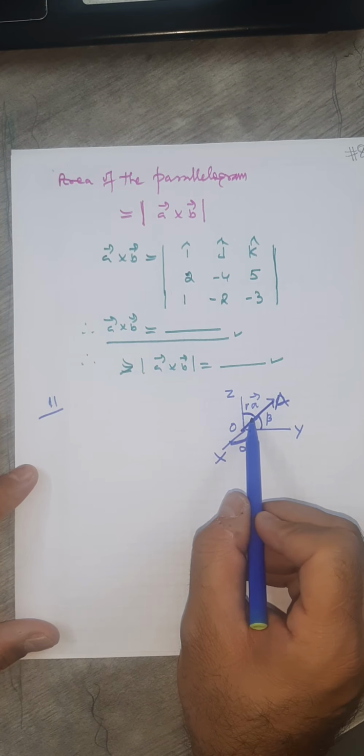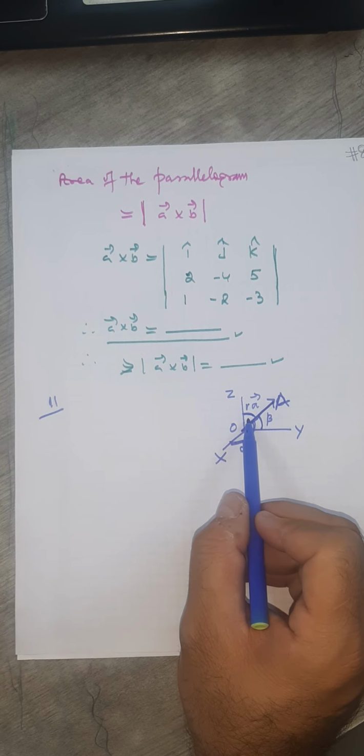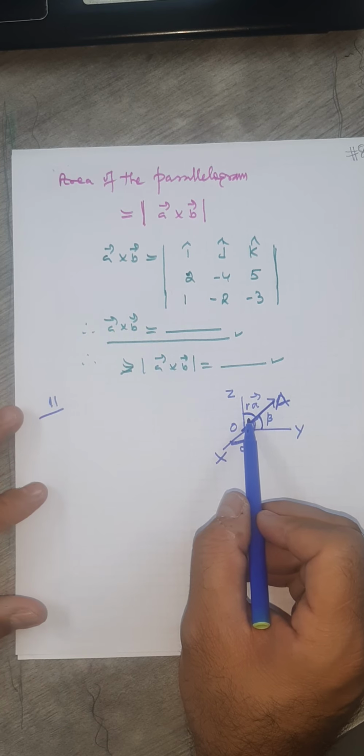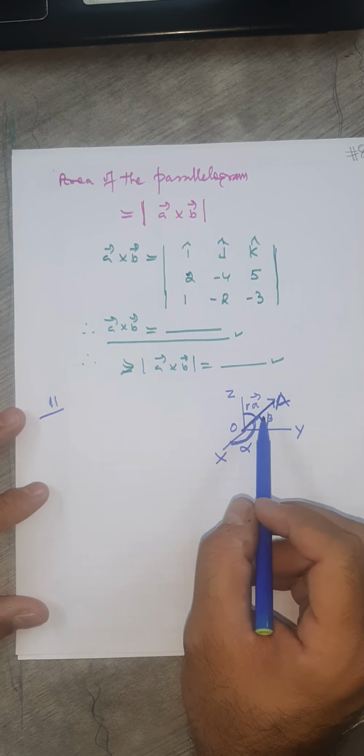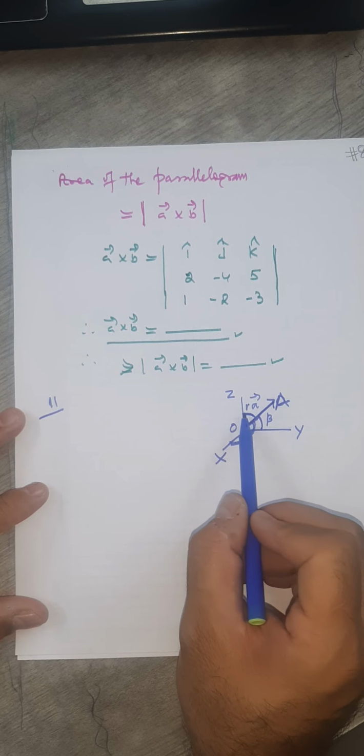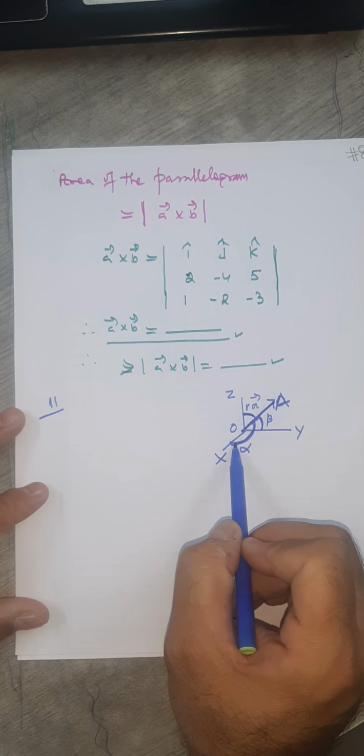Fine. So you are given that the direction cosines of a vector are equally inclined. So that means these angles are equal, remember.